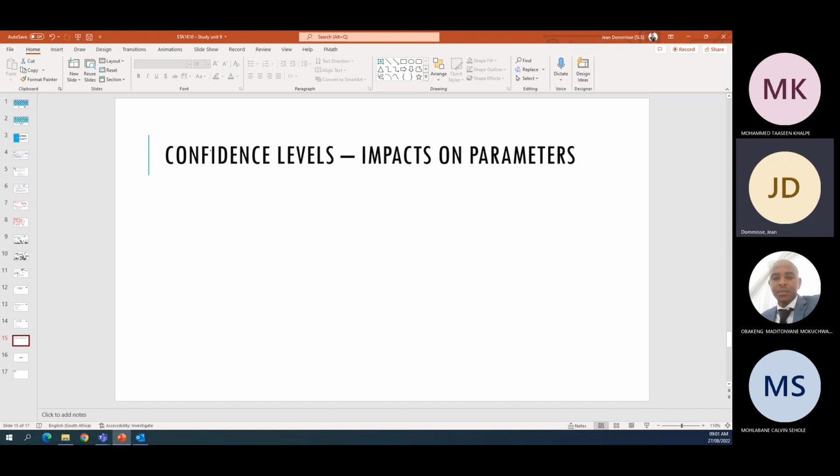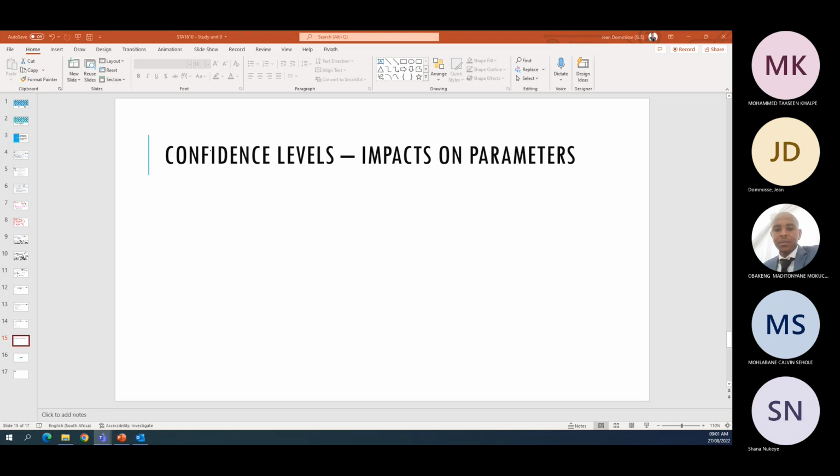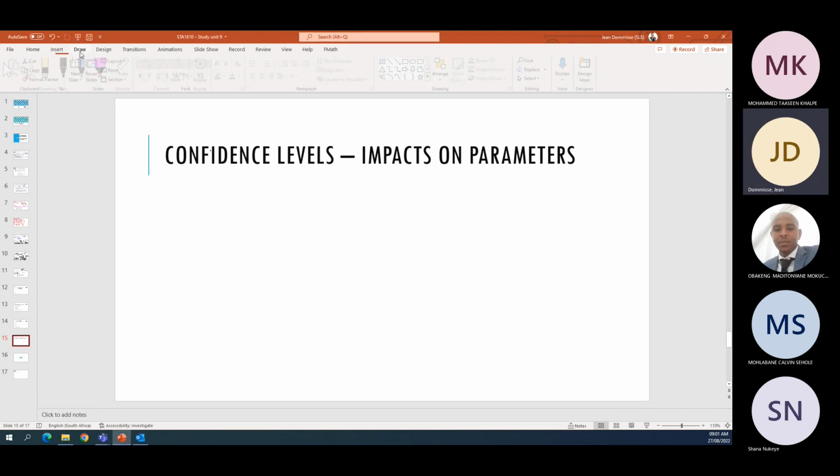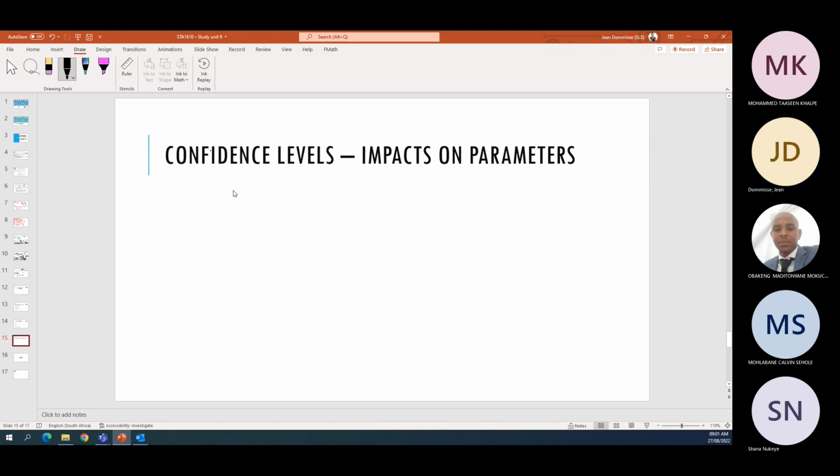This is something that I've seen in assignments and in exams. So what I want to show you guys is what they can ask you about, and I'll change this before I send it on to talk specifically about confidence intervals.